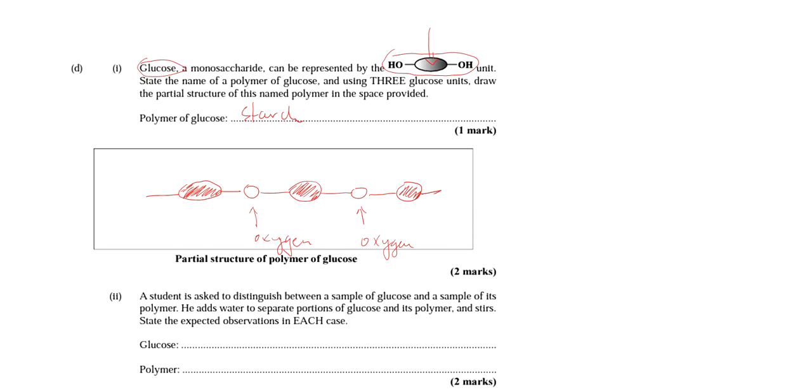Alright, so a student is asked to distinguish between a sample of glucose and a sample of its polymer. He adds water to separate portions of glucose and its polymer and stirs. State the expected observation. Well, we add glucose to water, so glucose dissolves to form a clear solution.